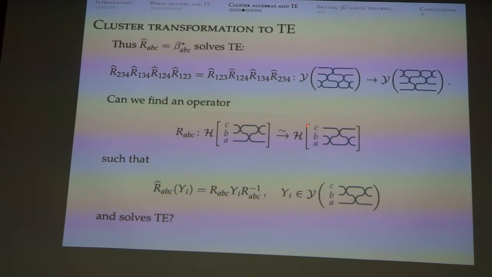And you may think that, well, we obtained a solution. But this is actually not the solution we want. Okay? So there is another step to construct the solution which we really want.